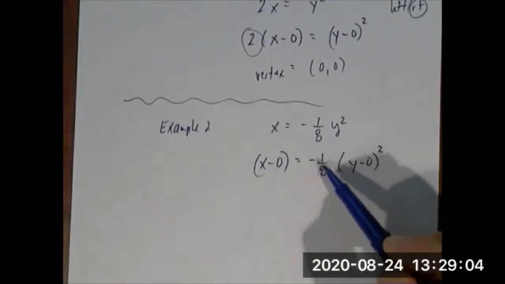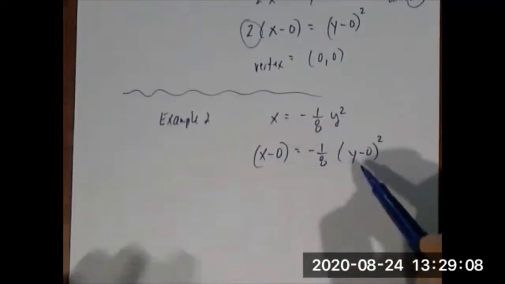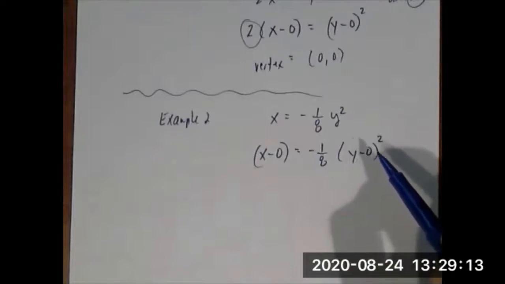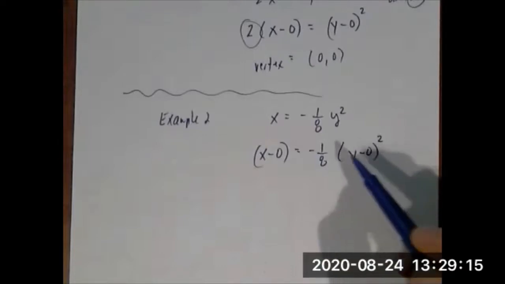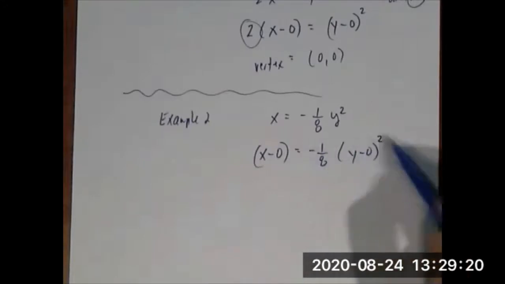Now right away, you're probably saying you know what the vertex is, but before we do that, let's get this equation in standard form. Let's go through the steps properly, right? So the first step is get it in standard form. And once again, you don't want any kind of number or coefficient in front of your squared parenthesis.